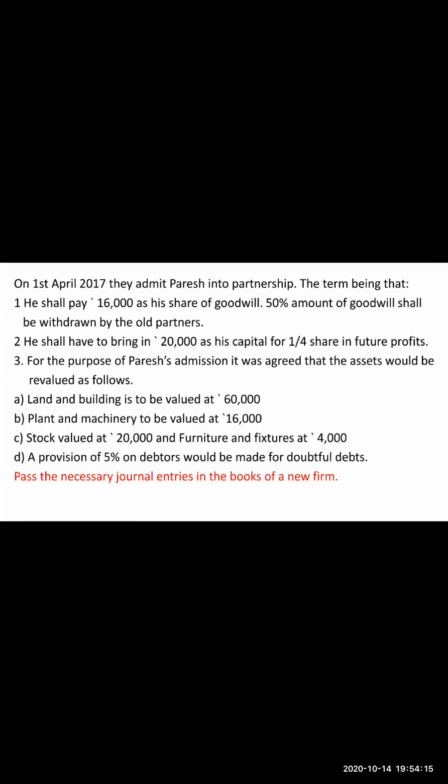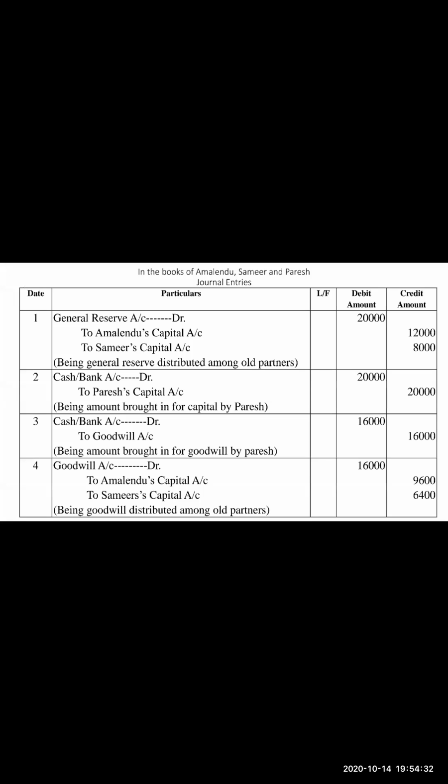Okay, so whenever you start with the journal entries, the first step is to see whether in the balance sheet any accumulated profit or any accumulated loss is given or not. So in this problem general reserve is given, right? इसलिए आपकी first entry क्या होगी, it will be related to general reserve only. So general reserve account debit to Amalendu's capital account, Samir's capital account.